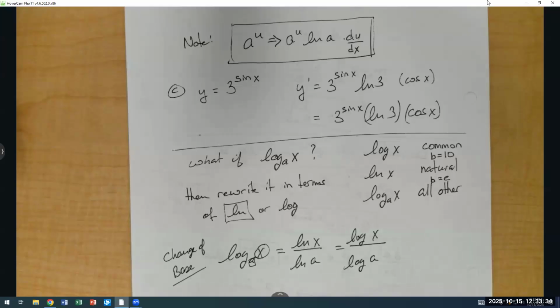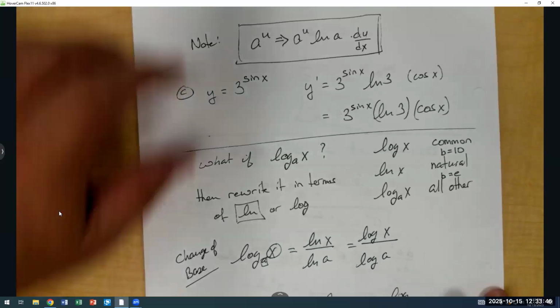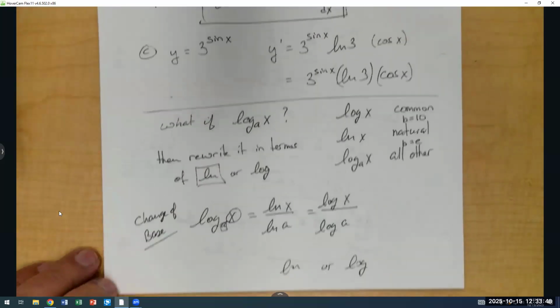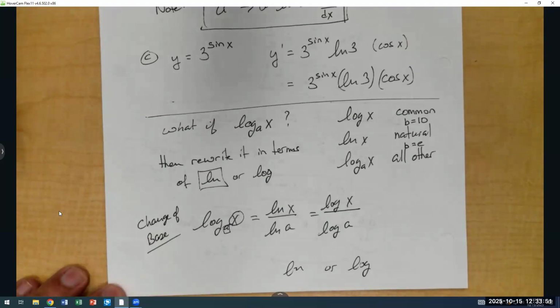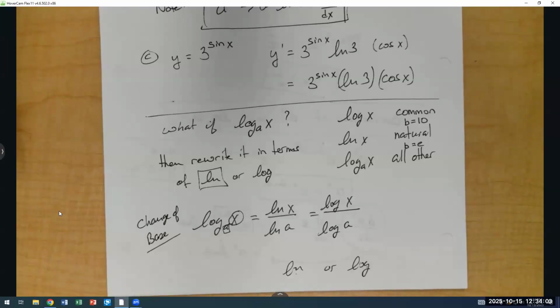All you'll see is either ln or log on a calculator. Which means if you have a log base whatever of a number, you'll have to convert it to log base e or log base 10, ln or log. That's how you do it, because now you can use a calculator.